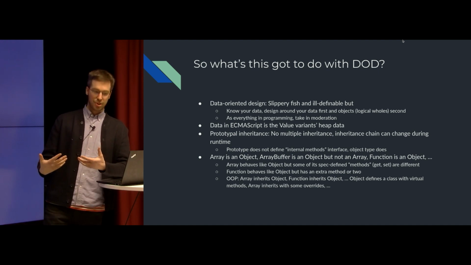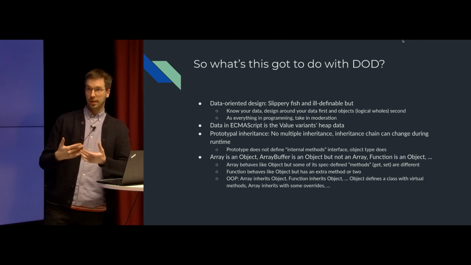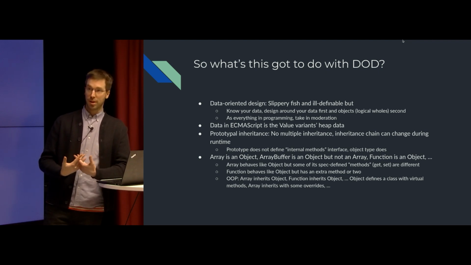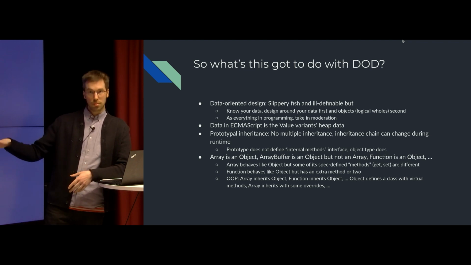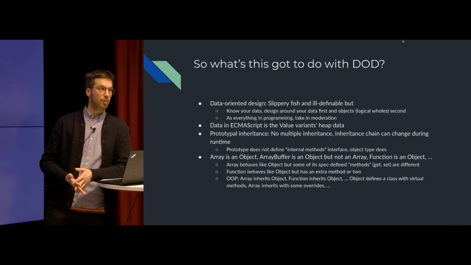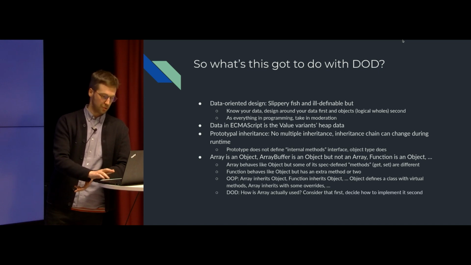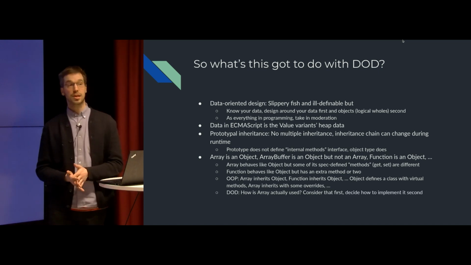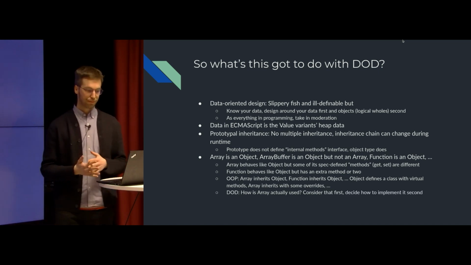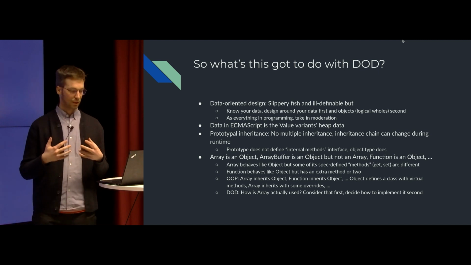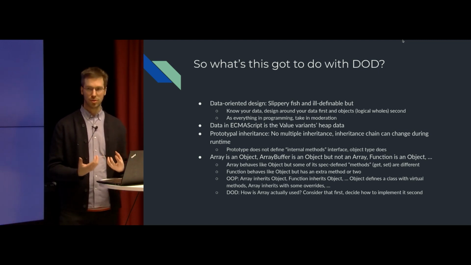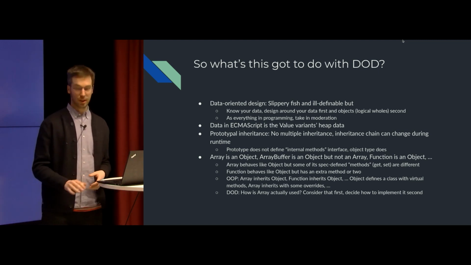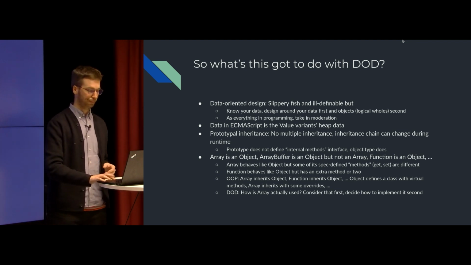Function inherits object as well, and then it just adds one more or two more virtual methods, the call and construct methods. And this seems like a reasonable thing. Let's not do that. Let's instead think about how arrays are actually used. And we'll think about that first, then decide how to actually build this logical whole.